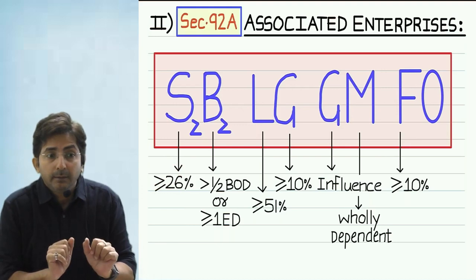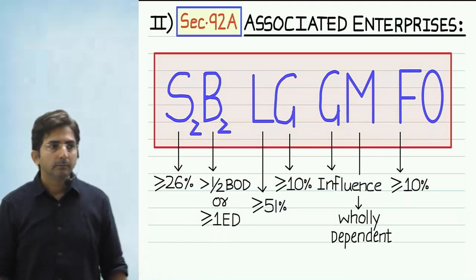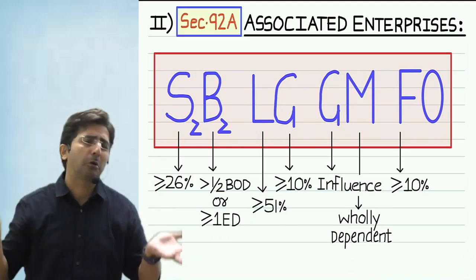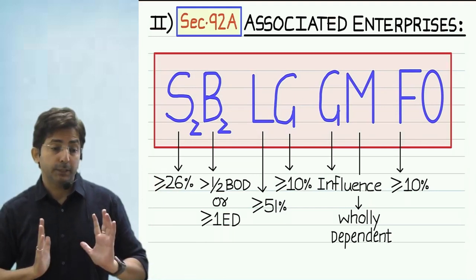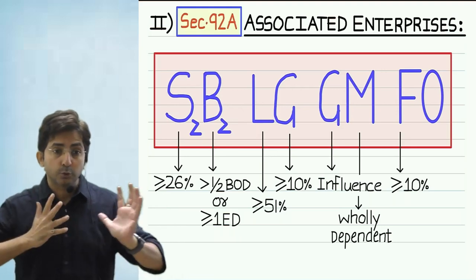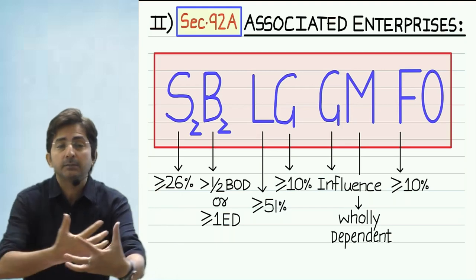It will be a big deal only when I have got 26% stake. Because in corporate structure, we feel there are so many shareholders. So if Shirish Vyas is a shareholder, so what? Yes, if Shirish Vyas has got 26% or more, then it is an association. Then there is a close connection between that company and Shirish Vyas.